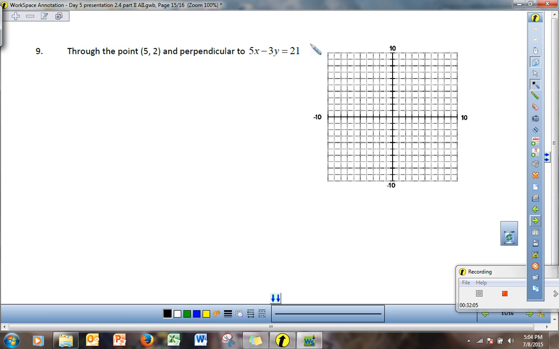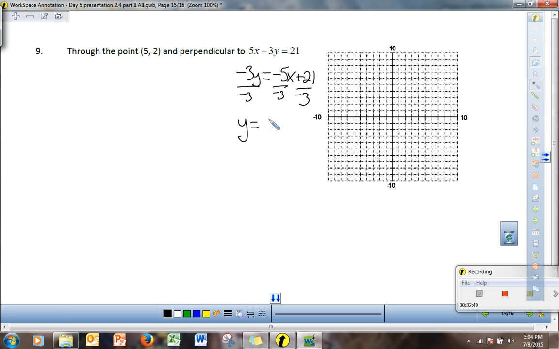So first, let's graph this thing. So I'm going to have negative 3y equal negative 5x plus 21. Let's divide everything through by negative 3. And since I'm graphing this, let's solve it for y.